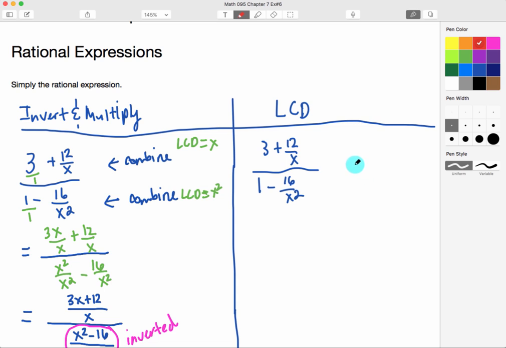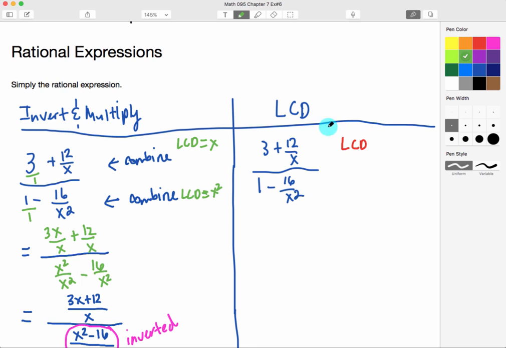In this second version of the problem, we are going to use the LCD method to simplify this complex fraction. So the first thing I have to do is recognize what the LCD of this fraction is going to be. And I do that by looking at every single denominator in the 1, 2, 3, 4 little fractions.